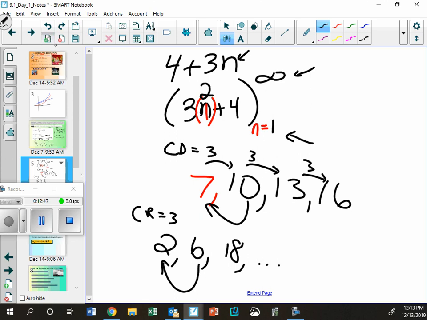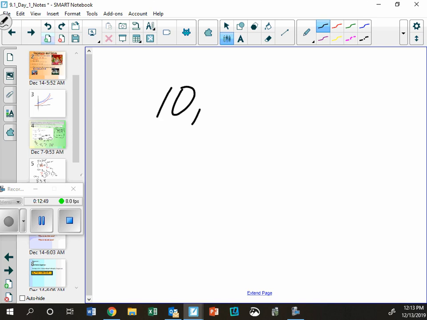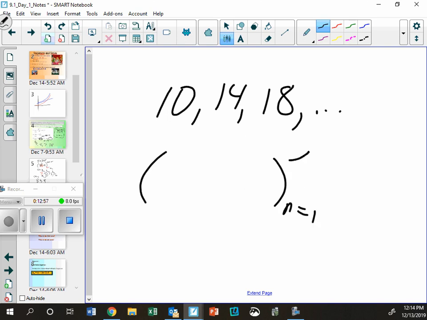Okay, so let's try this one. I'm starting with 10. I'm going to add 4 each time. Anybody tell me what should go in there? Don't say it. Try to figure it out. What formula could you write that would make this work?